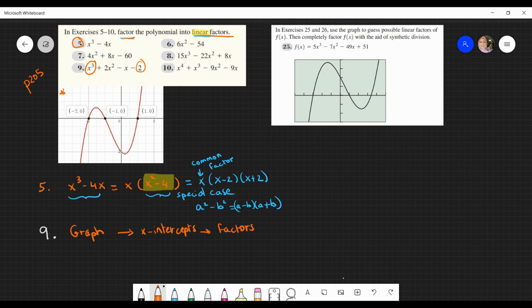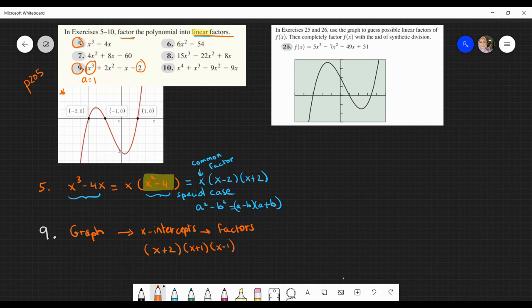So I see -2, -1, and 1, which means the factors are x plus 2, x plus 1, and x minus 1. The reason why graphing works nicely and easily here is because a equals 1 in this case, which makes things so much simpler.